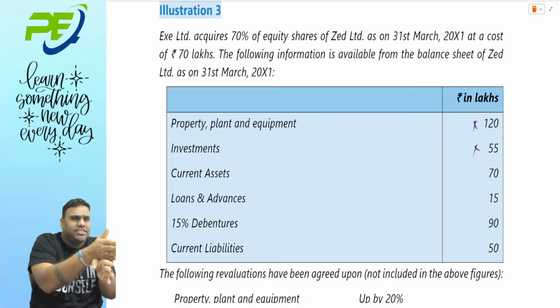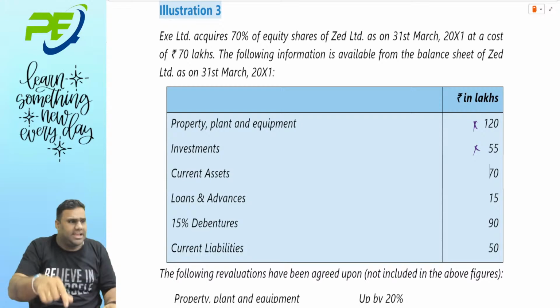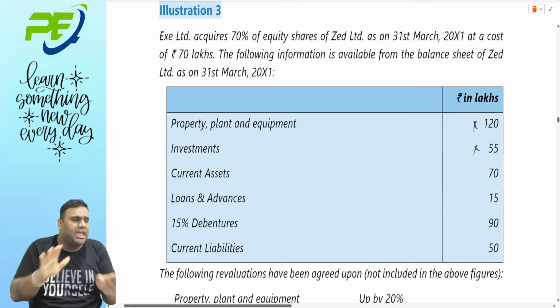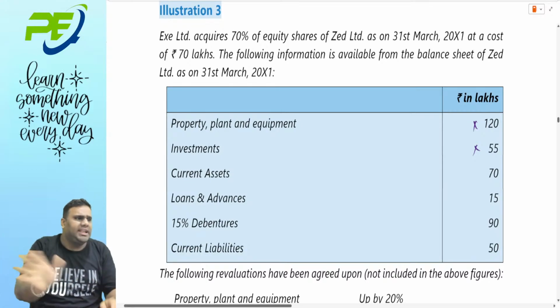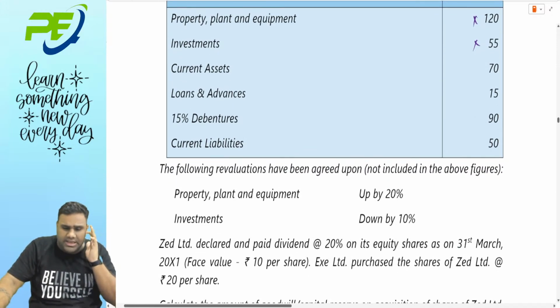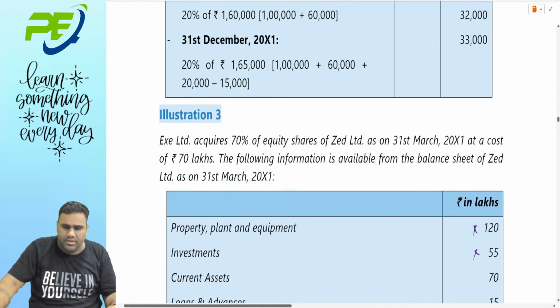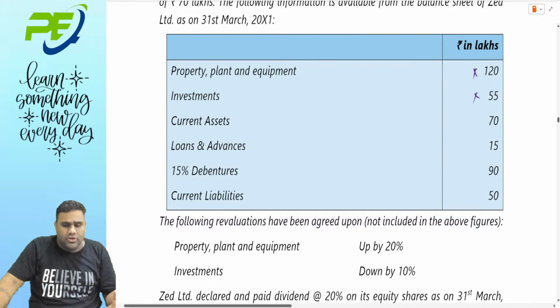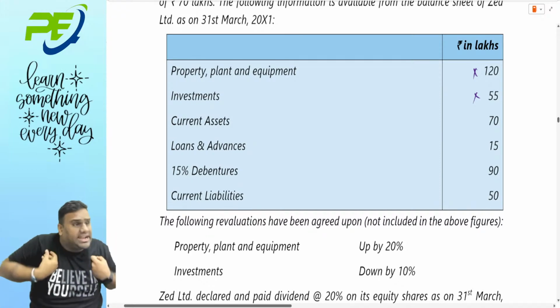If revaluation is done before or at the time of acquisition, then I have to take revalued figures. If it is done after, then it will not come here. The following revaluations have been agreed upon. When? Agreed upon when they purchase the shares, at that time.